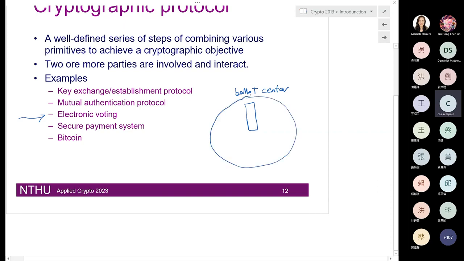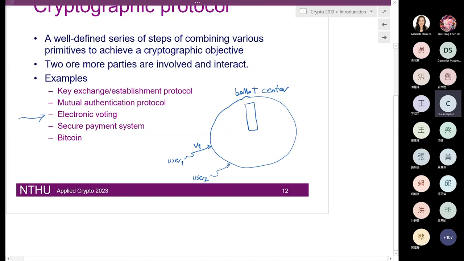Imagine that this is the entire system, and then we have users. User 1 sends their vote to the system, let's say V1, and user 2 also casts their vote, say V2, and all the way to user n, who also sends their vote, Vn.